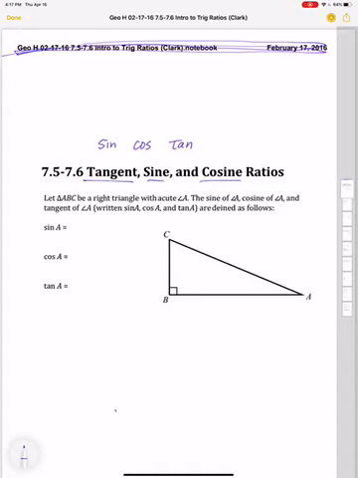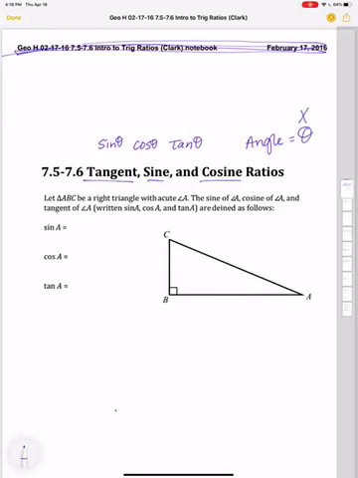One of the most important things to understand is that when we say sine blank, cosine blank, tangent blank, what always comes after them is an angle. And we often use theta to represent an unknown angle.